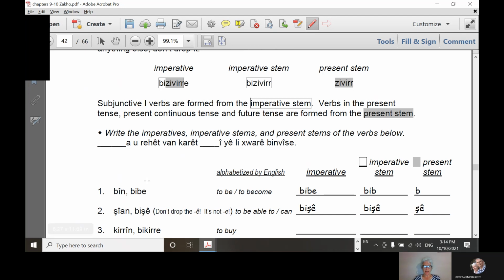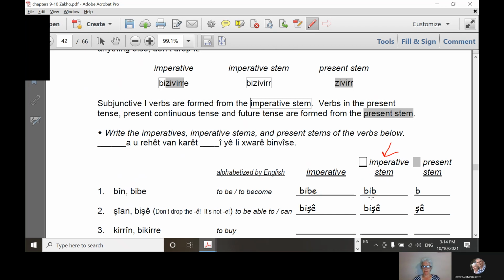Okay, so after you identify what your imperative is, you write that here in this column. Go through and do that first. Then come back. After you have your imperative, then you can form your imperative stem by dropping the ending from your imperative. That leaves you with your imperative stem. Do that for all of them.